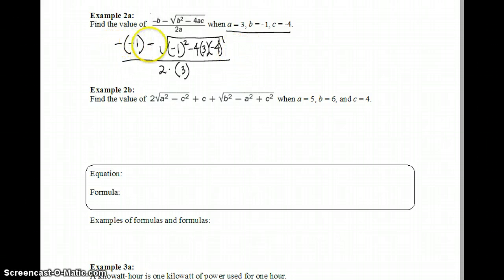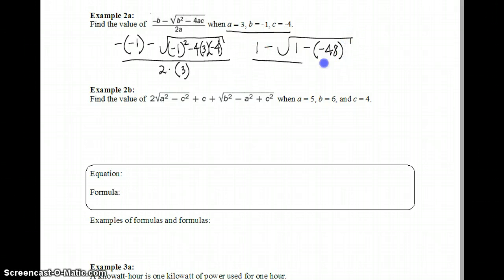A negative times a negative 1 would be 1, minus the square root of negative 1 squared would be 1, minus 4 times 3 times negative 4, which would be negative 64. Or negative 48, I'm sorry. Negative 48.